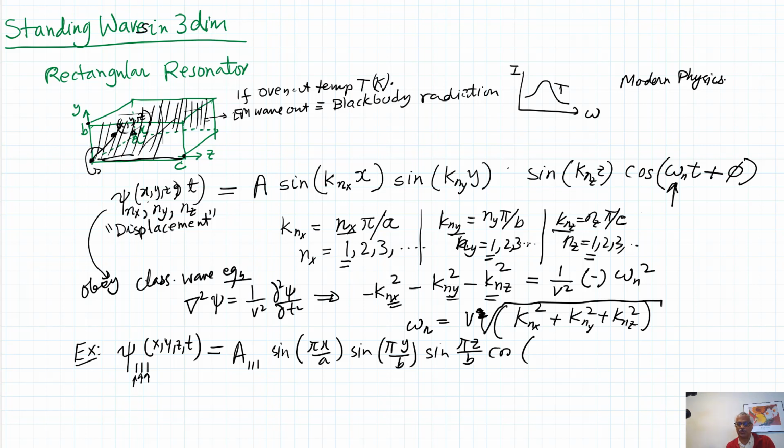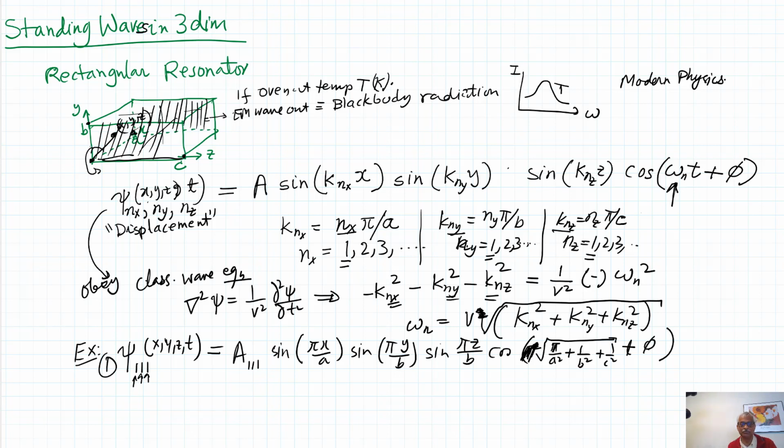Of course pi is common, so it's the square root of 1 over a square plus 1 over b square plus 1 over c square, with pi coming out, times t, plus phi. So that's the frequency, and the mode is this. This will be the lowest frequency.